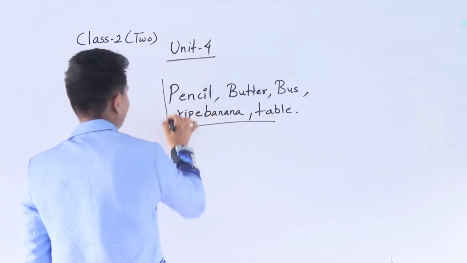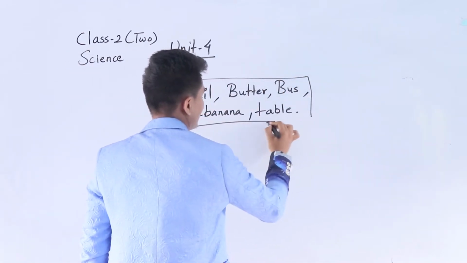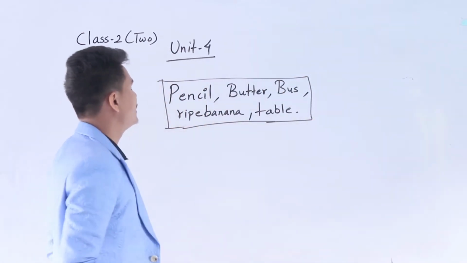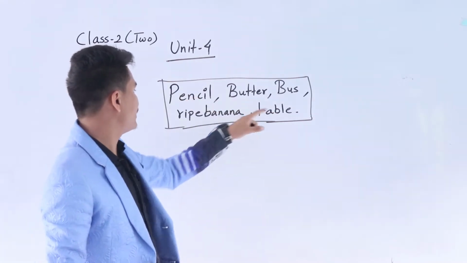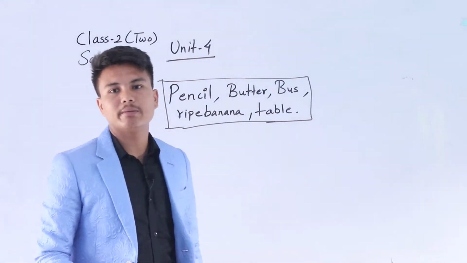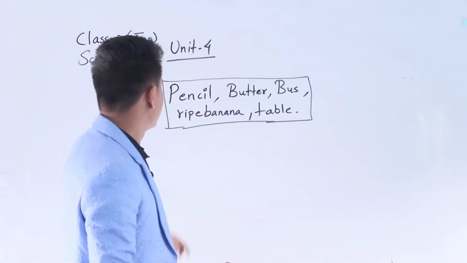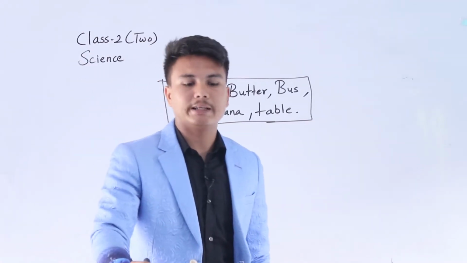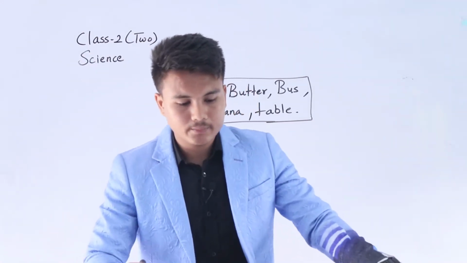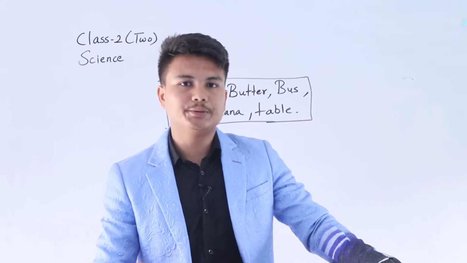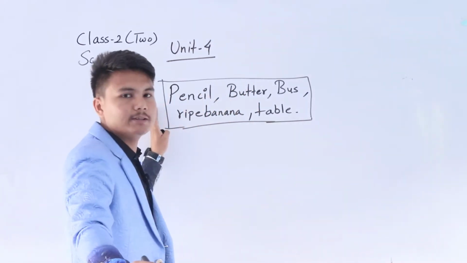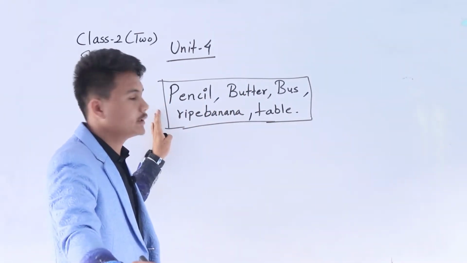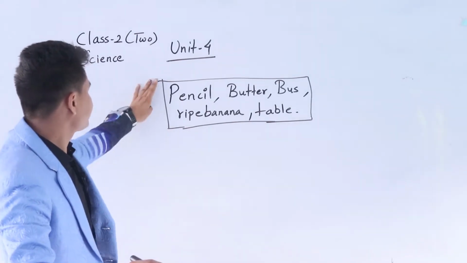So here I have 5 things around us. I think you have seen pencil, butter, bus, ripe banana, table. You have to determine which object is soft and which is hard. Are you ready? Of course. So let's start.